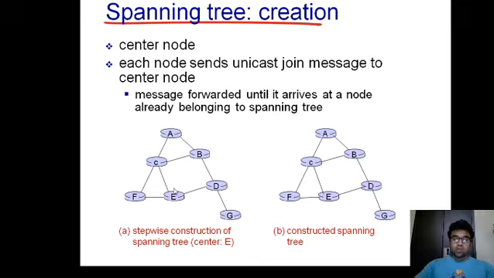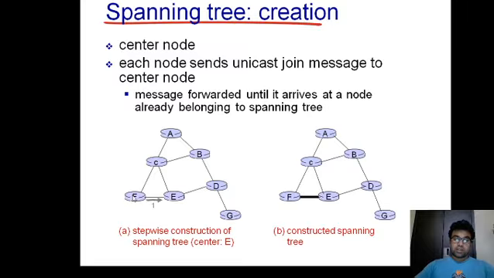And once you are done with that, let's take an example in this particular network that E is a center node. So all the nodes present in this network will try to unicast a tree join message to this particular node.